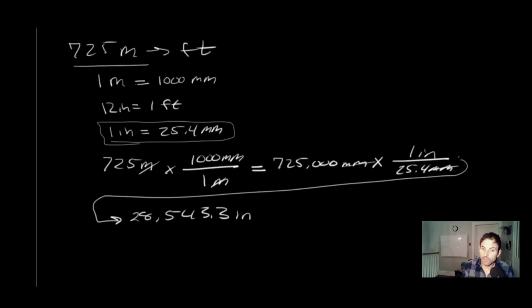And then we can say times, what did we want our answer in? Feet, right? Let's cancel those inches out. What's our equivalent relationship with inches and feet? 12 inches equals 1 foot.